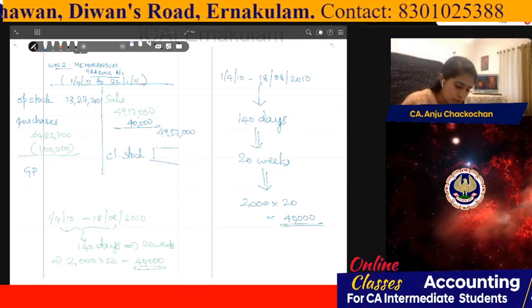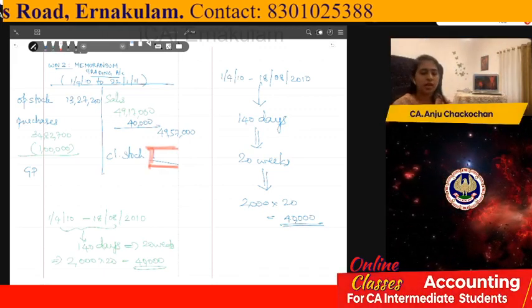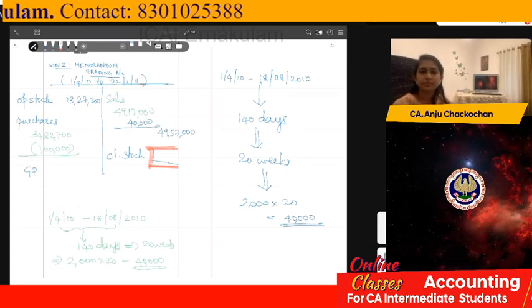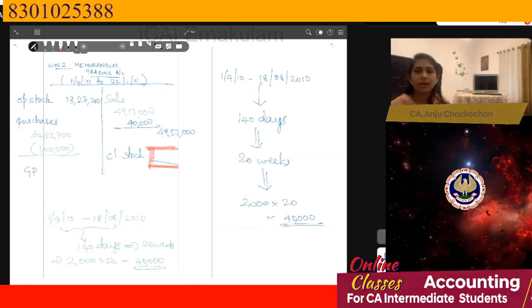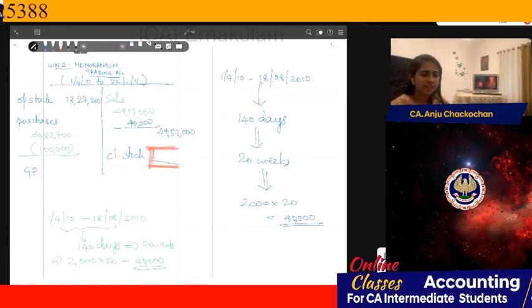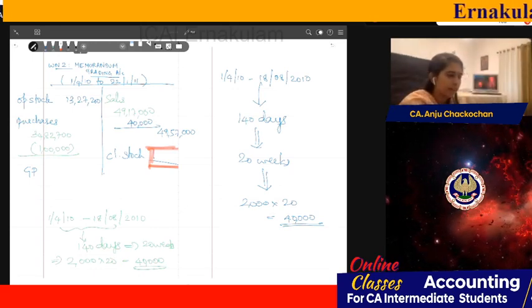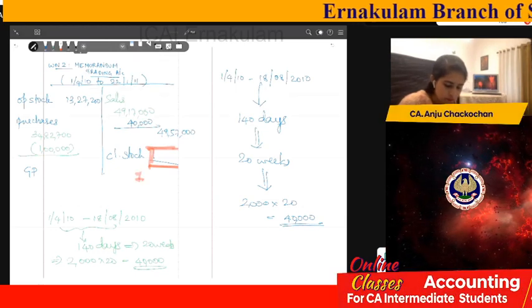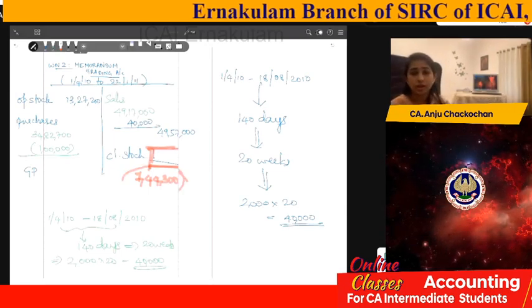All right students, speed up, compute the closing stock. Now I want you to compute the closing stock. Yes, make it fast. It is 7,44,300. Yes, perfectly fine. 7,44,300 is the closing stock. Good.